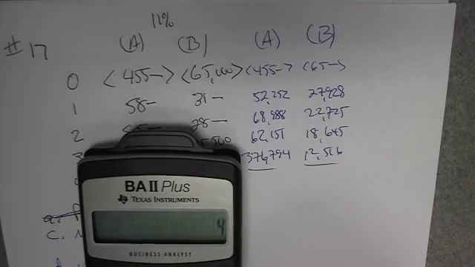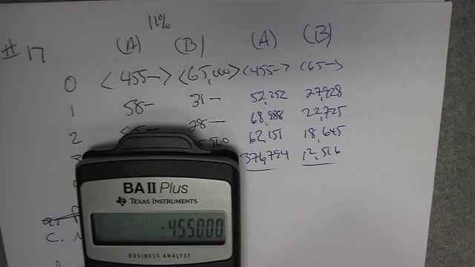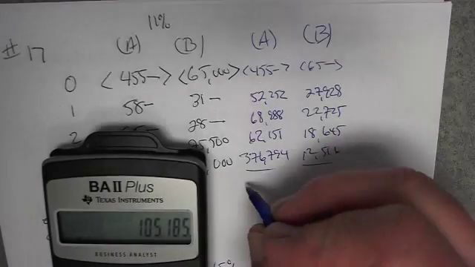Okay, so we have 455, which is a negative, plus 52,252, plus 68,988, plus 62,151, plus 376,794 equals 105,185.